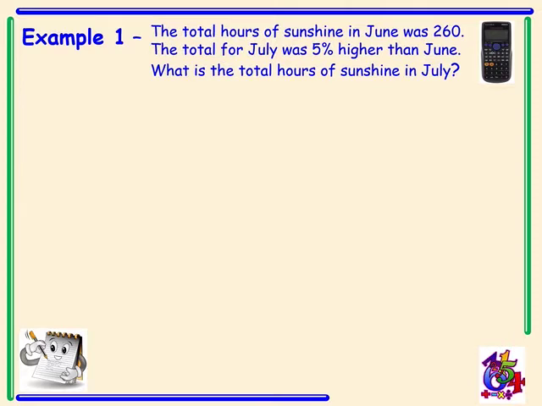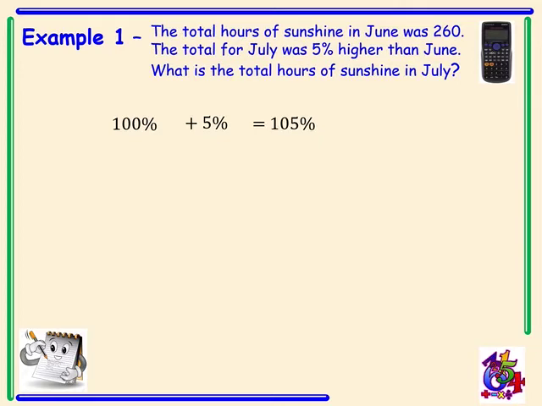Example 1. The total hours of sunshine in June was 260. The total for July was 5% higher than June. What was the total hours of sunshine in July? Now, to do this quick method, we first need to find out what percentage July was. So if June is 100%, we add on the 5% that July was higher, which is 105%.